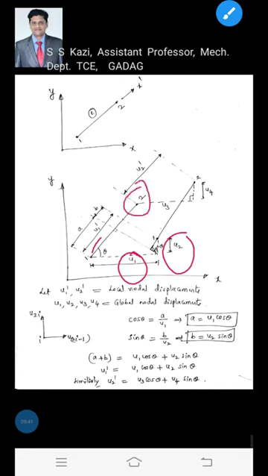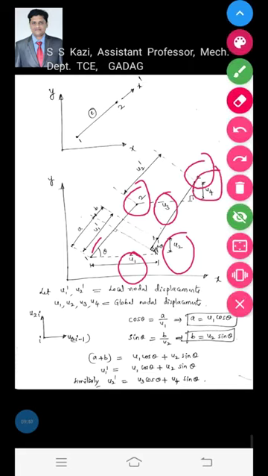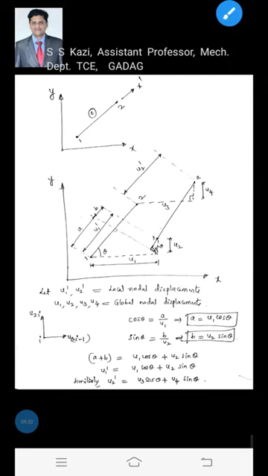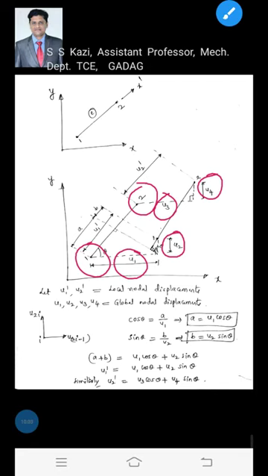Likewise for node 2, u3 is the x component of displacement at node 2, and u4 is the y component of displacement at node 2. Hence you can conclude that globally each node of a truss element has 2 degrees of freedom, that is 2 unknowns.